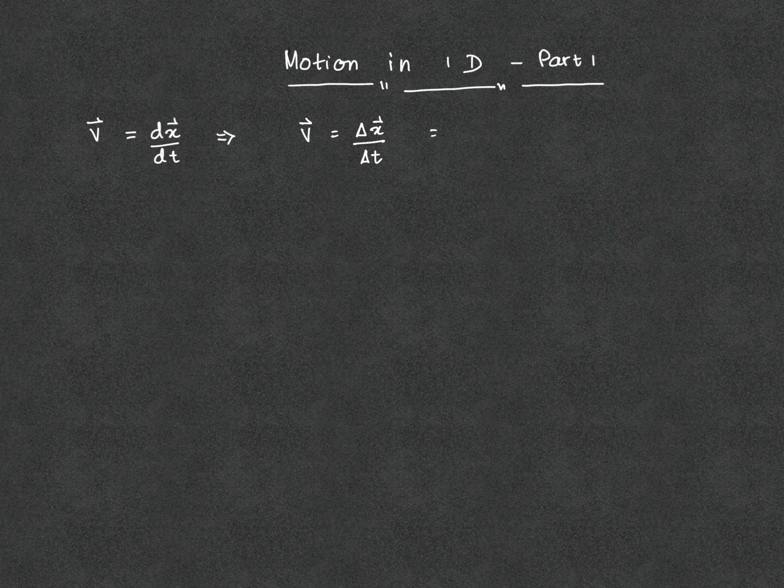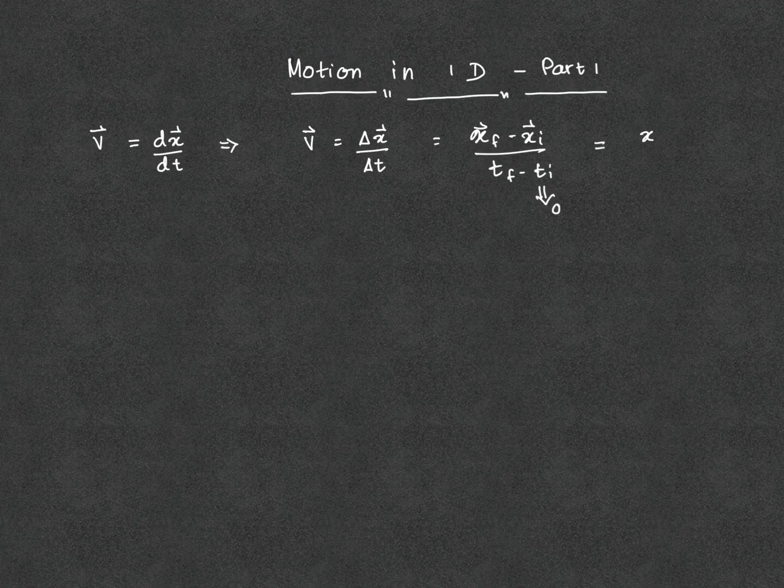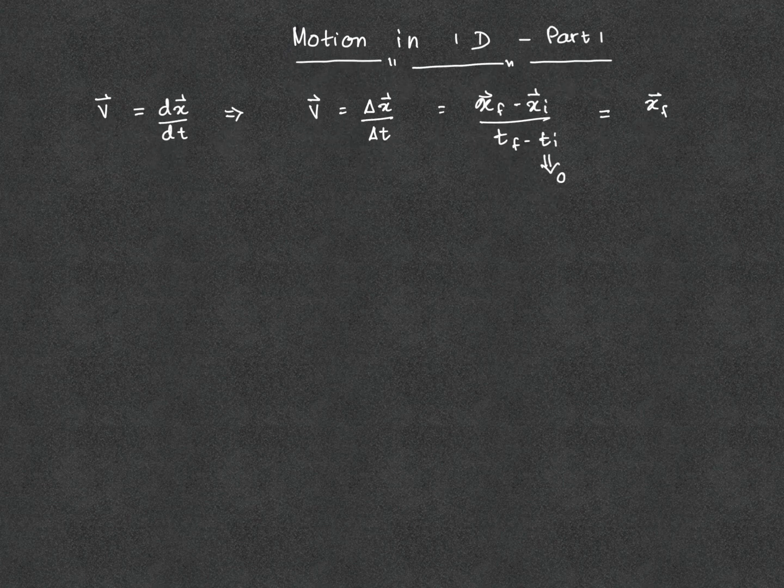And when you expand that, you get x final minus x initial divided by t final minus t initial. Usually, we take t initial equals 0 and we get x final minus x initial divided by t. Instead of t final minus t initial, we simply get this as t, where t is the elapsed time.